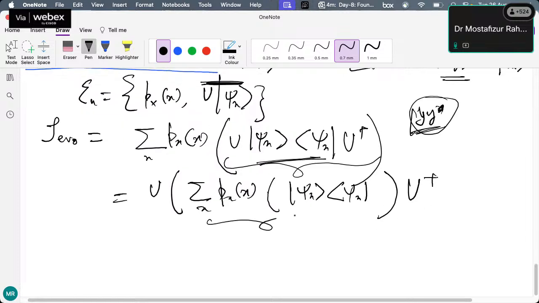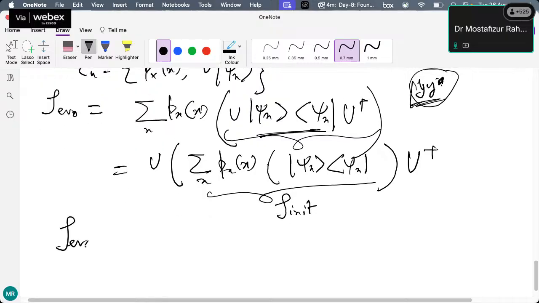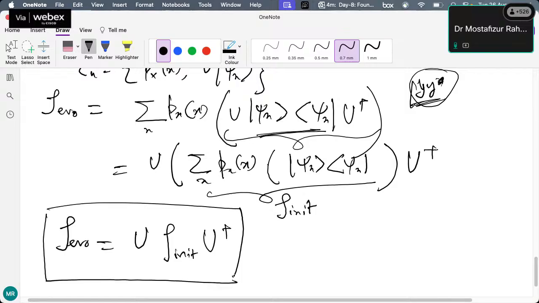This is the perfect definition of your initial density matrix. So the evolved density matrix is U rho initial U dagger, a very important equation for the evolved quantum state in density matrix form, assuming there is no noise in the quantum channel. I hope there is no doubt. If you have any question, I can repeat the portion.